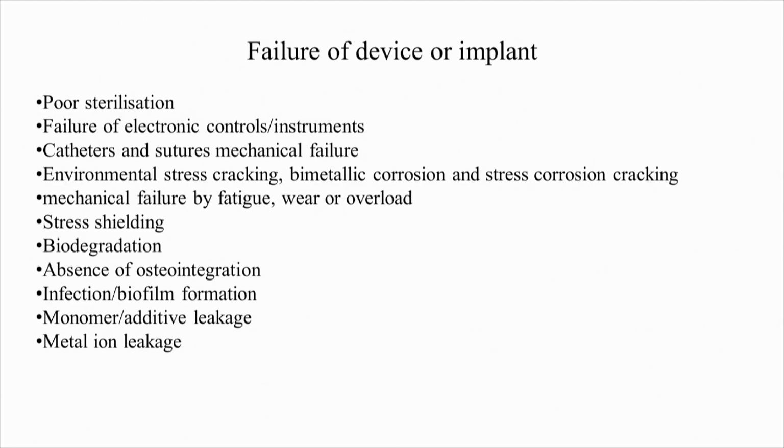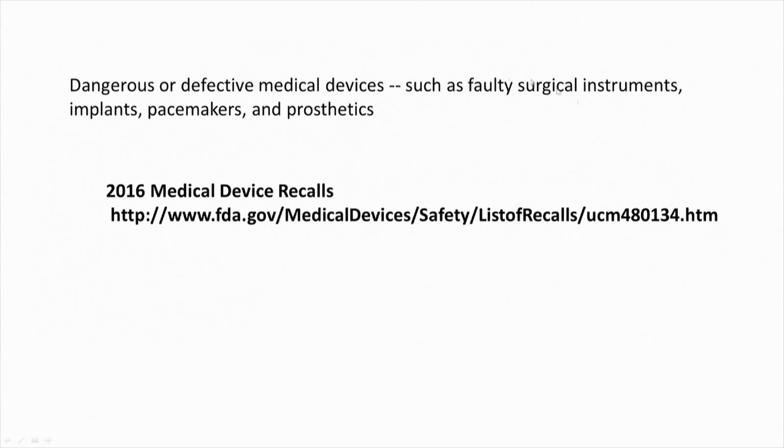Okay, so a lot of issues are there because of which a biomaterial can fail. So one needs to consider all these aspects when you are designing a biomaterial, be it a metal, a polymer, a blend, or a ceramic.